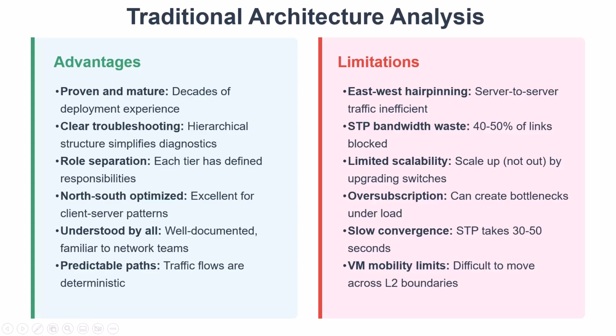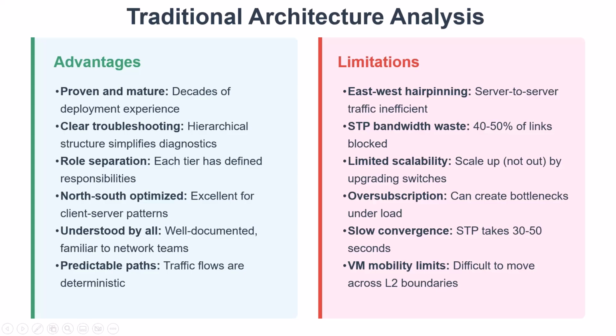Limitations. Poor east-west traffic handling. Traffic between servers must hairpin up to aggregation or core and back down. Spanning tree inefficiency, which blocks links, wasting bandwidth. Limited horizontal scalability, as adding capacity means upgrading existing switches.